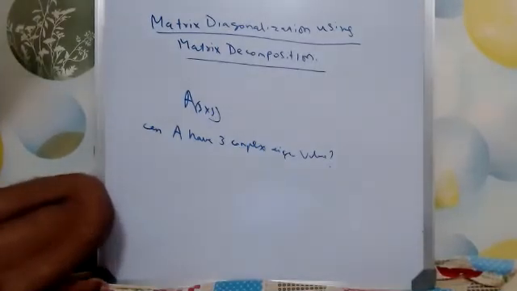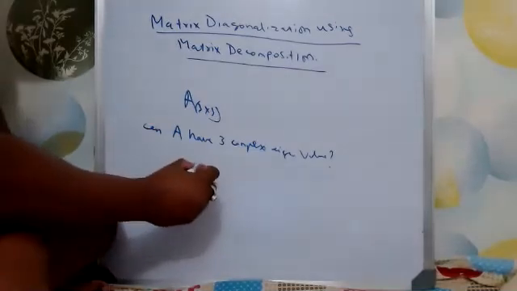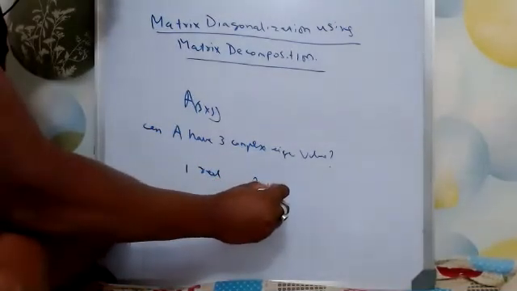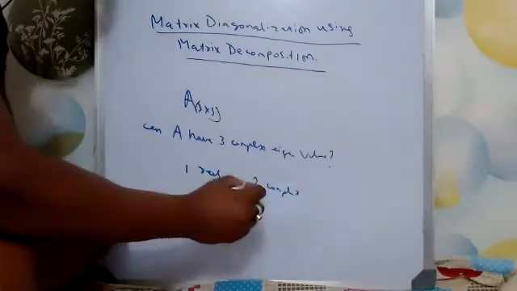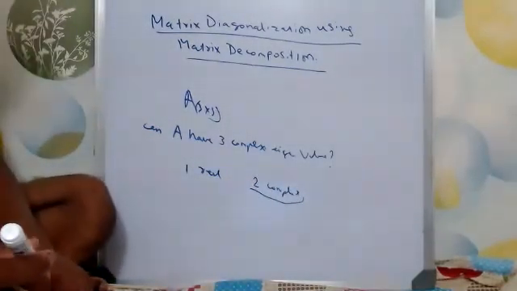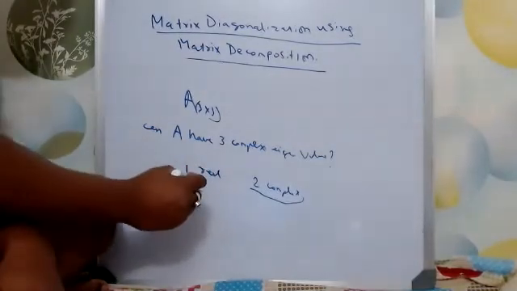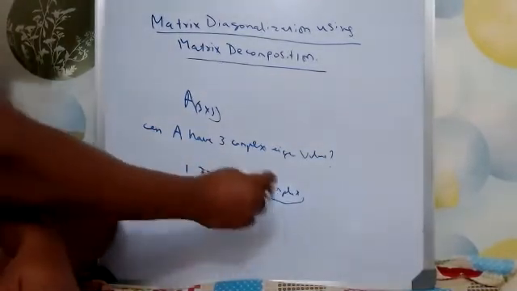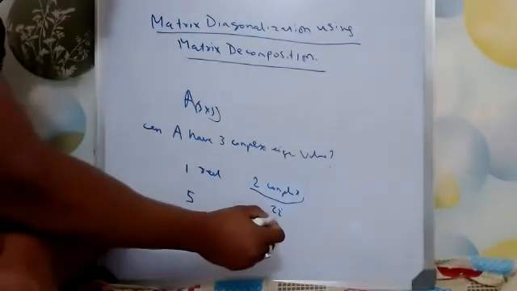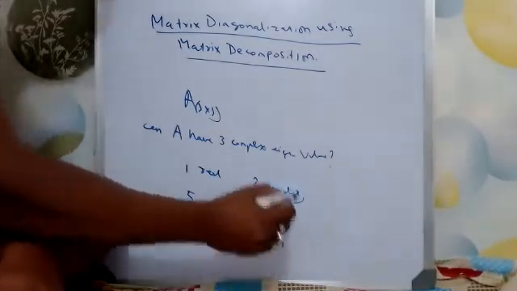Right. So it has to have one real and 2 complex, because the complex eigenvalues come in pairs, conjugates, right? Suppose the real eigenvalue is 5 and one complex eigenvalue is 2i, then definitely there will be another complex eigenvalue which is minus 2i, right?